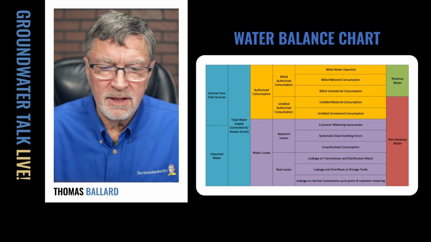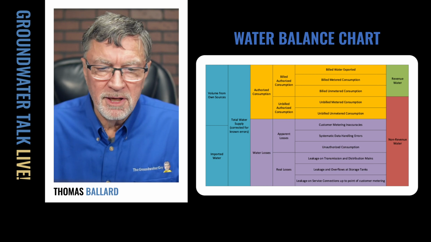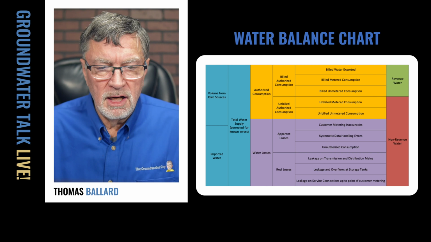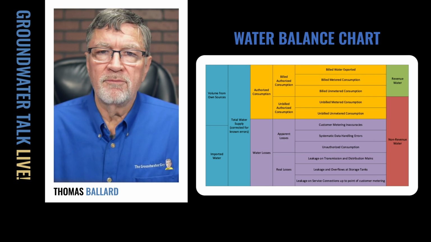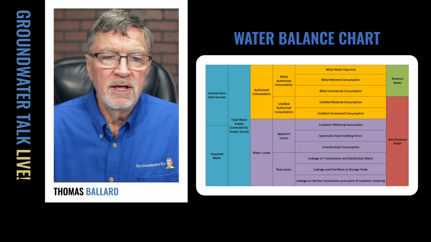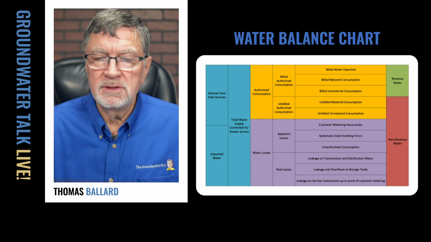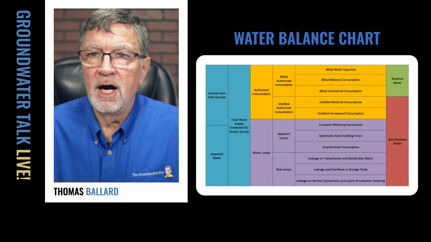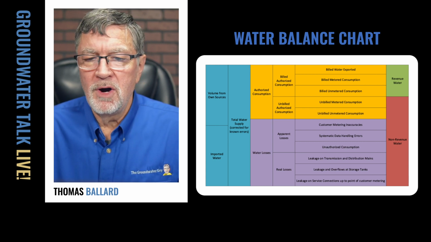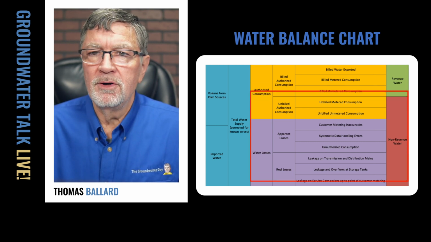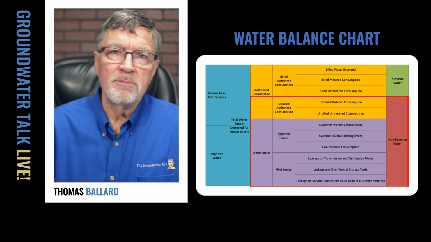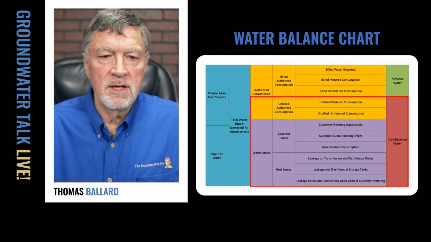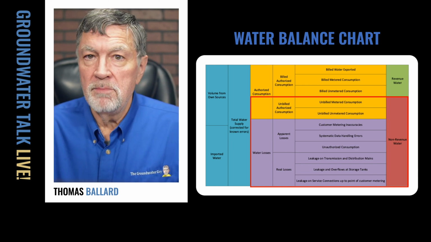In the gray, purplish gray down there, that's our water losses. So the blue on the side off to the left there is our actual water production, and over on the side you can see our cheat sheet there, the revenue water versus the non-revenue water. So what we're concerned about when we're talking about non-revenue water is going to be what's in this red box here.